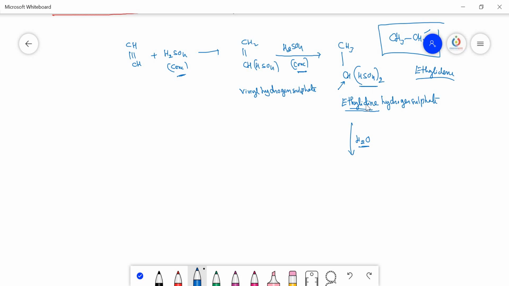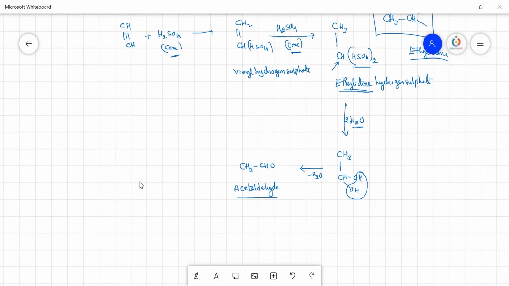Here two HSO4 parts are there, so two water molecules, so that we get CH3 CH with OH, this is one part, this is OH another part. So here there is a loss of one water molecule like this, and we get CH3 CHO. So finally we get acetaldehyde.